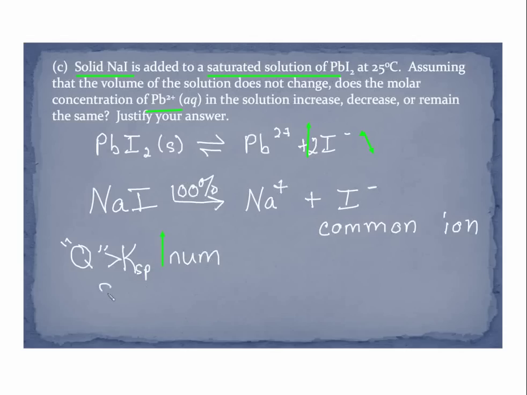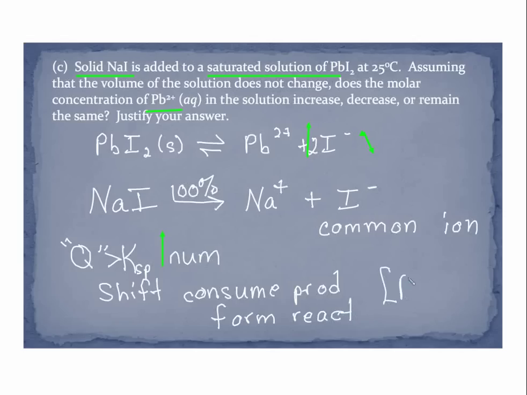When Q is greater than K, that means we have to shift to consume product, that which we have too much of, and form reactant. And that means that our molar concentration of lead ion would actually decrease in this situation.